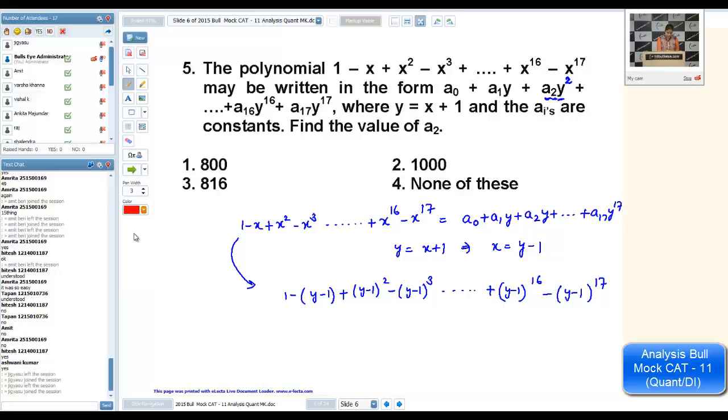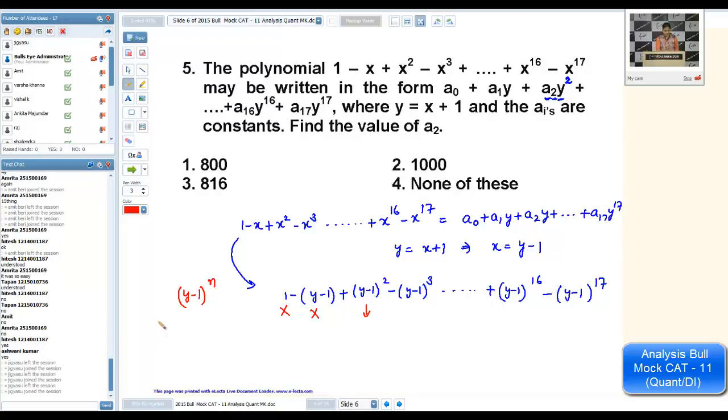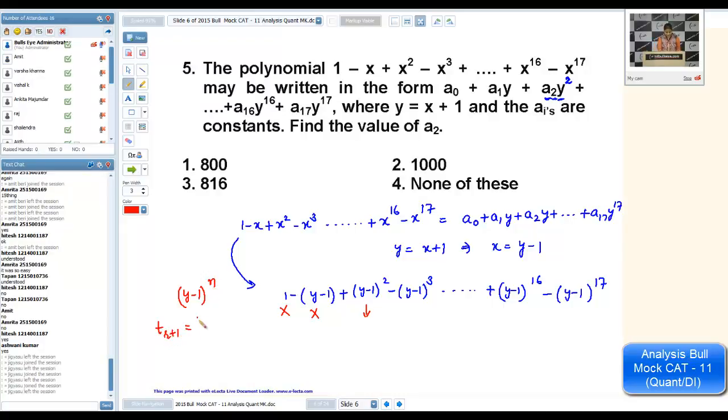From the first two terms, I will not get any coefficient of y square. Now all my terms are of the form (y minus 1) raised to power n. The general formula is nCr y raised to power r times minus 1 raised to power n minus r. Since I need y square, I put r as 2. I will get 2c2 plus 3c2 plus 4c2 and so on up to 17c2.